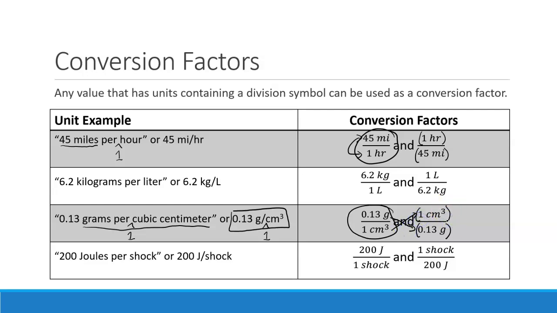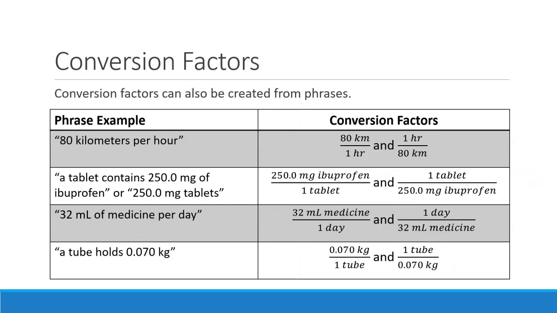So the last set of examples here, we have phrases such as 80 kilometers per hour, which we have seen, and then the last 3 are dosage examples. We're going to see these quite a bit in class, where we have tablets containing, or a tube holds, so many kilograms. And again, instead of a tablet, we can say 1 tablet. So 1 tablet contains, or is equal to, 250 milligrams of ibuprofen.